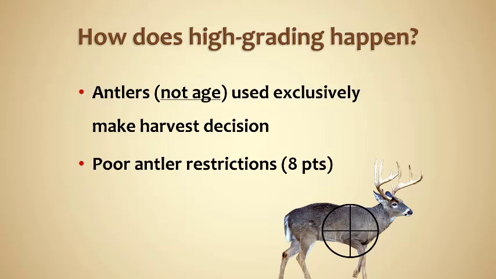Typically, that is associated with a poor antler restriction. Again, we've drawn the line in the sand: a buck with 8 points or greater can be harvested, a buck that scores 120 inches or greater can be harvested. As a consequence of that, you have harvested some of the highest quality middle-aged bucks and removed them from the population and allowed the lesser quality young bucks to grow older.